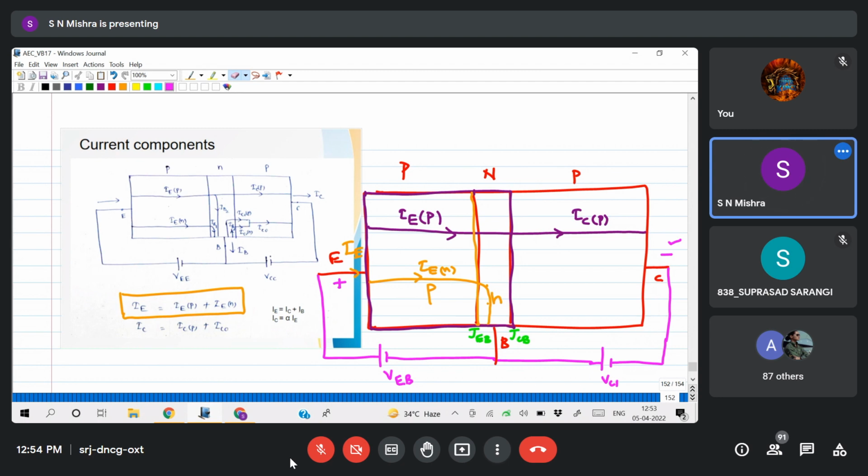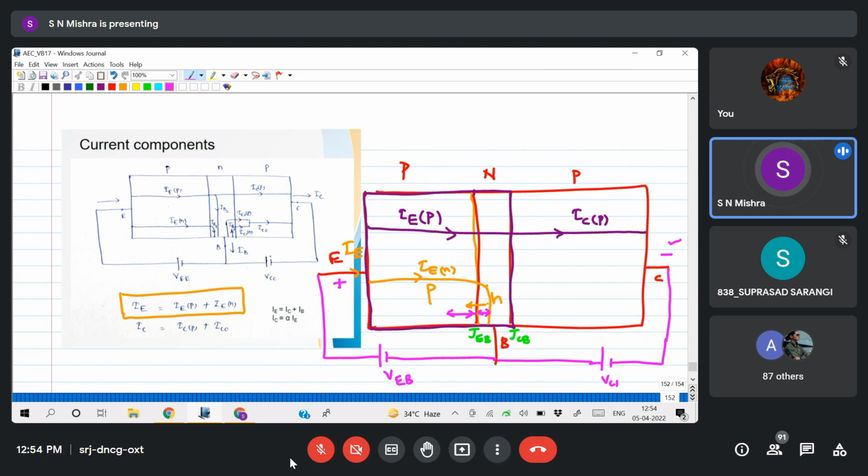Now, the electron is moving from here to here. Let us take the electron moving like this. So it has covered some portion in the base region and some portion in the emitter region. While covering the distance in the base region, it will have some current. While covering some distance in the emitter region, that will also have some current.